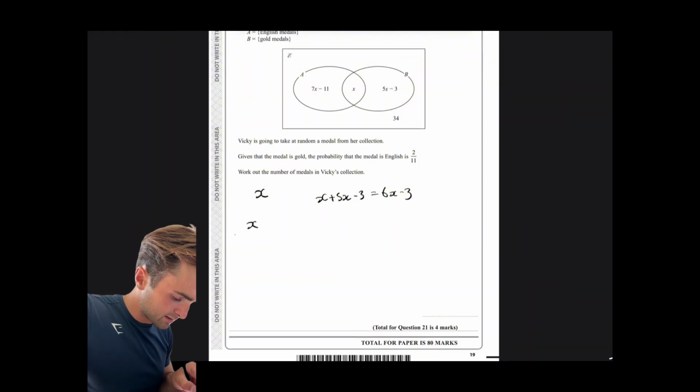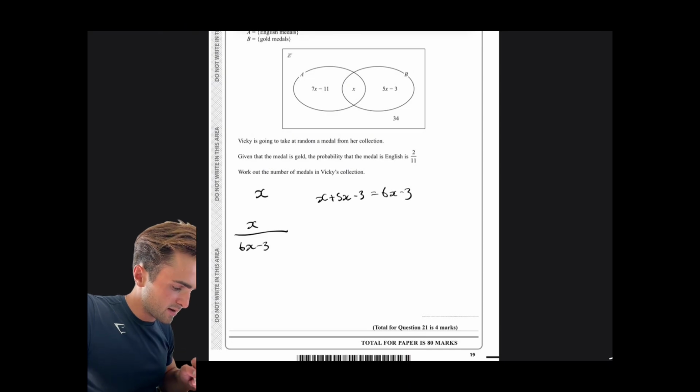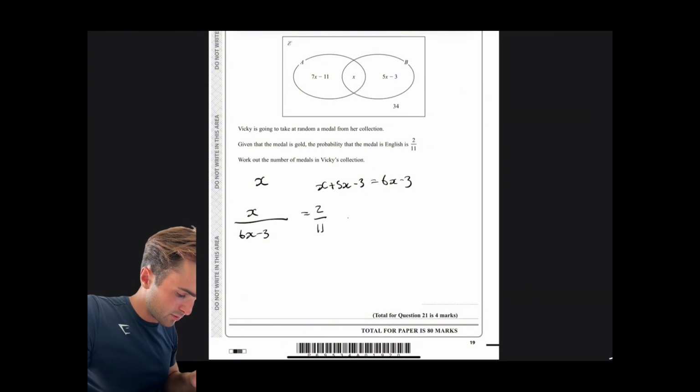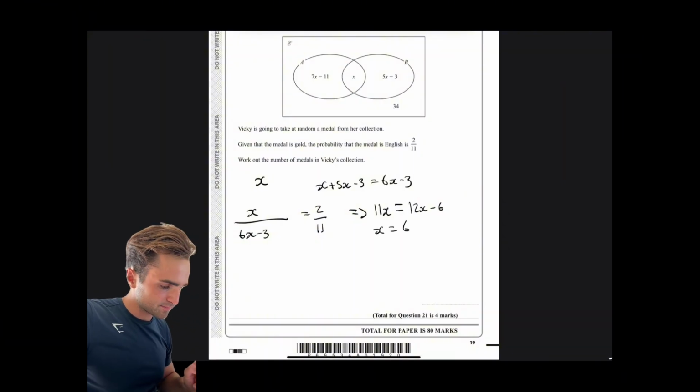So that's going to be x over 6x minus 3. So given that the medal is gold, the probability that the medal is English is 2/11. So this equals 2/11. So this goes to 11x, if we cross multiply, equals 12x minus 6. So we get x equals 6.